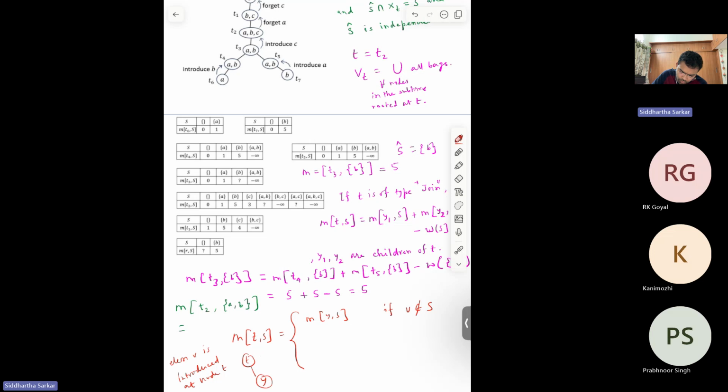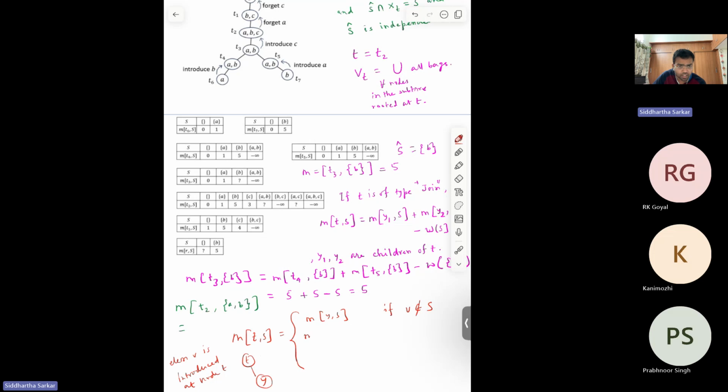In T2, C has been introduced. We are computing AB, so this case will apply: V is not in S.